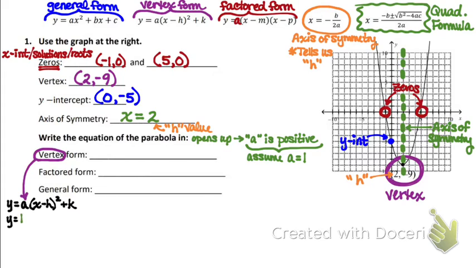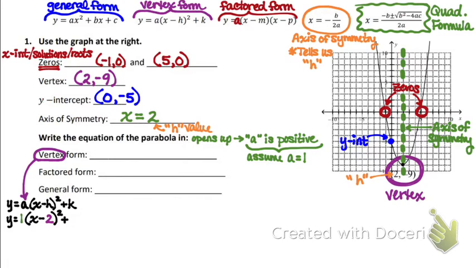So I'm going to put a 1 where A is. And then I have x minus, what should I put in for h? Yep, x minus, and now I need my h value. What is that number? 2. So it's going to be x minus 2 squared plus my k value.